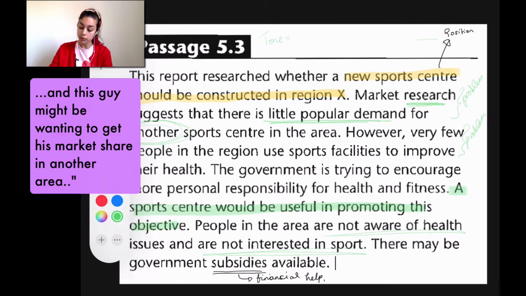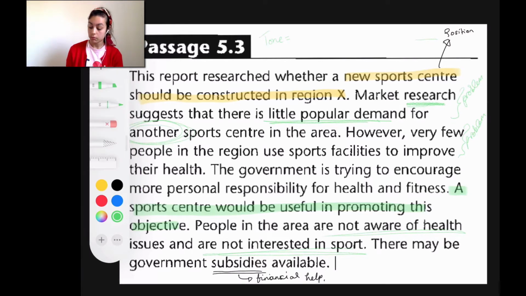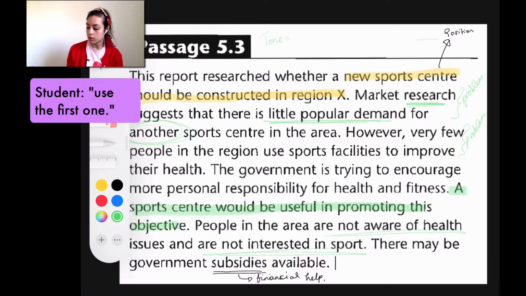Okay, fair enough. Yeah, potentially. Although what I question is, even though it said another sports centre, we don't know how many people use that one. But in the next sentence, very few people in the region use sports facilities to improve health. So that's why I'm like, well, maybe they don't even.